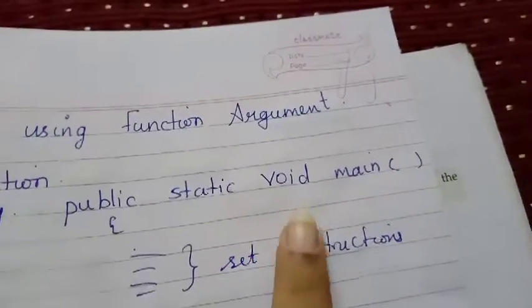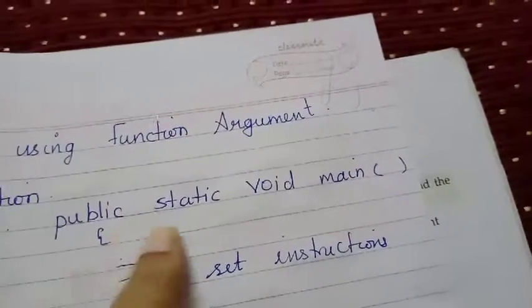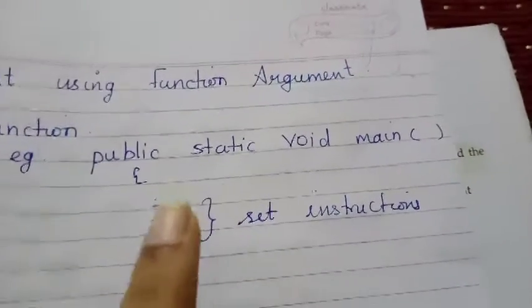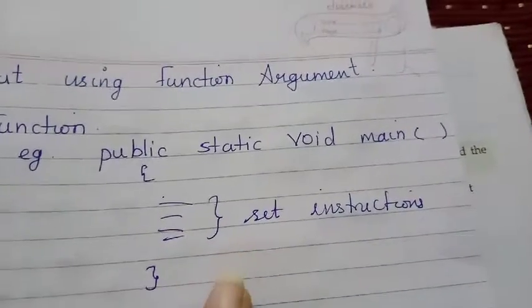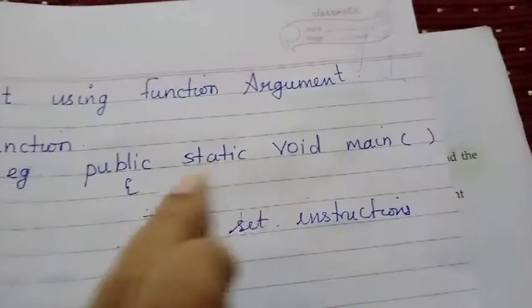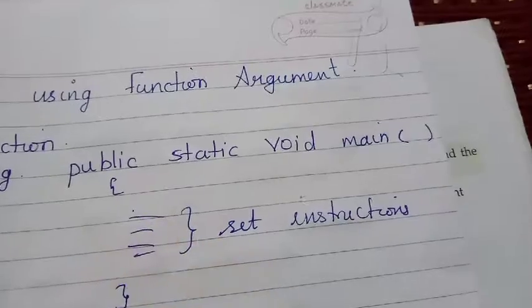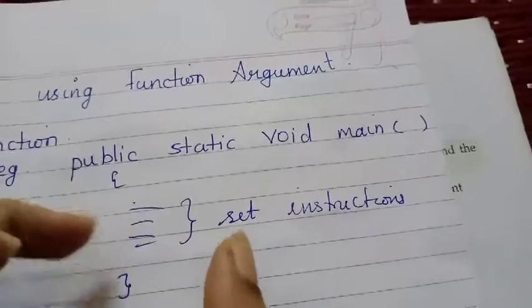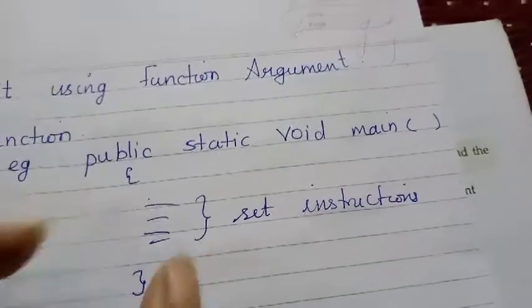We will take that argument here, and you would have given the instruction here to add those numbers. That is called a function, a set of instructions with a name. When it is called, it does that particular work you have given in this set of instructions.